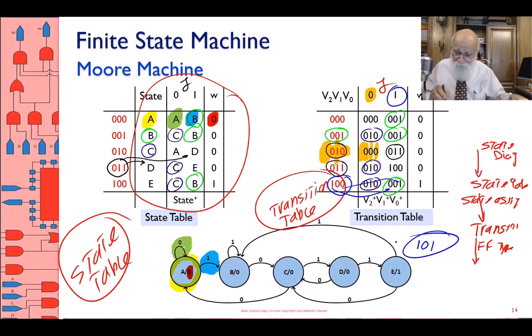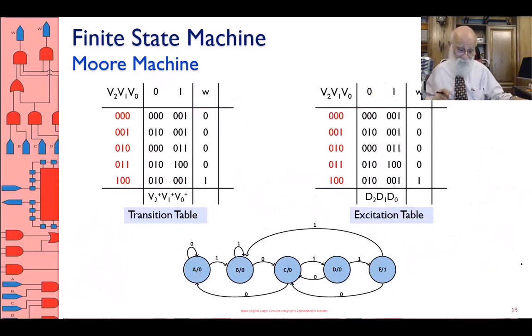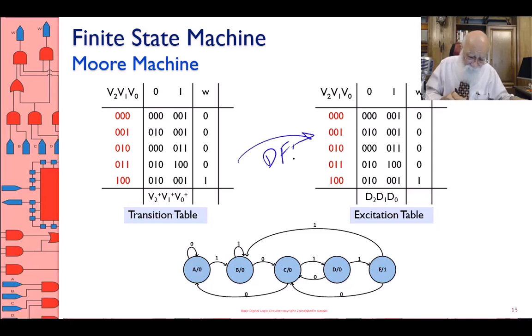And therefore, my next step is coming up with the excitation table. An excitation table depends on the type of flip-flop we decide to use. From the transition table, once D flip-flop is decided, you go to the excitation table.